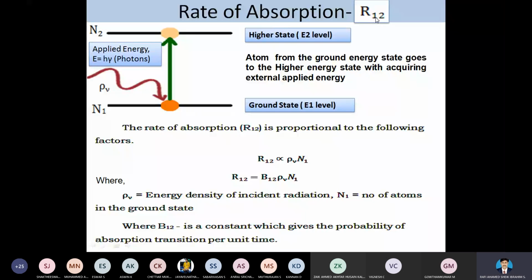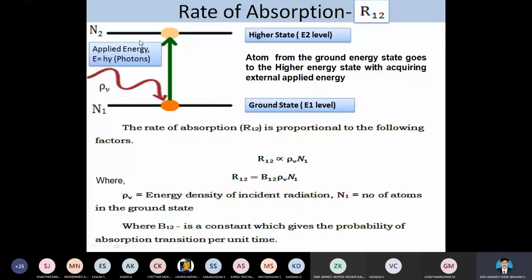The ground state atom, after gaining energy, will go to the higher state, so we write the number 2. 1 to 2: ground state to the higher state. That's why we write the symbol as R12. So let's start the process.